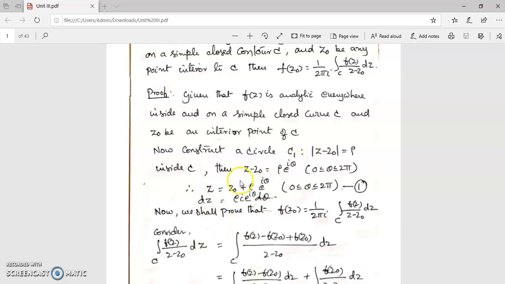We know that the modulus of z minus z0 is equal to rho. So therefore z is equal to z0 plus rho e power i theta.